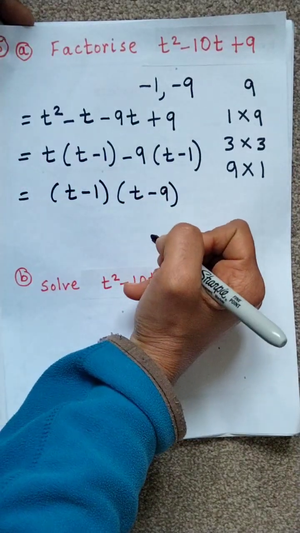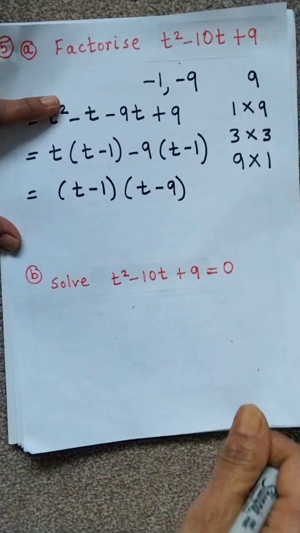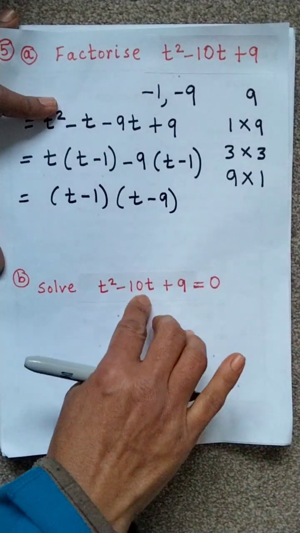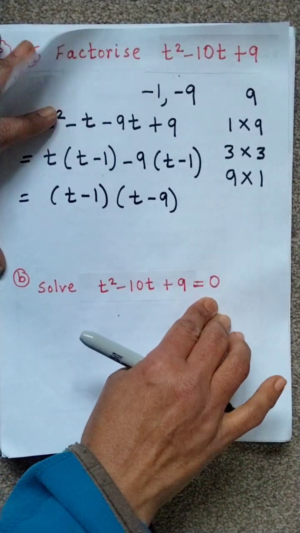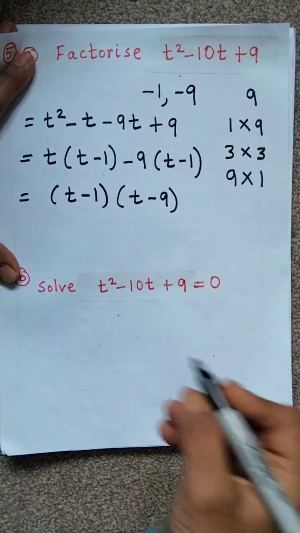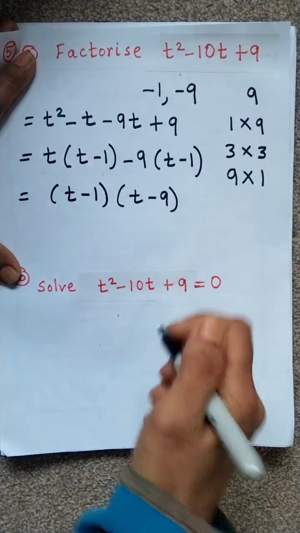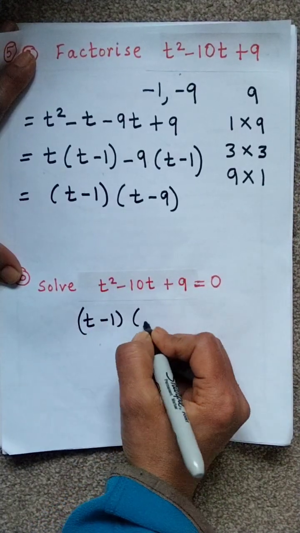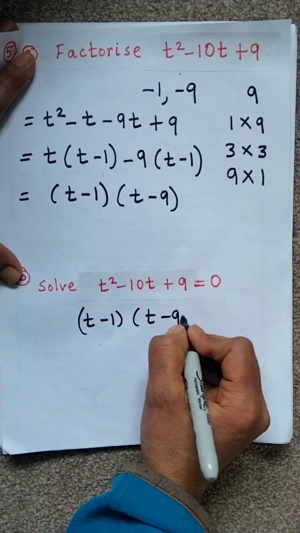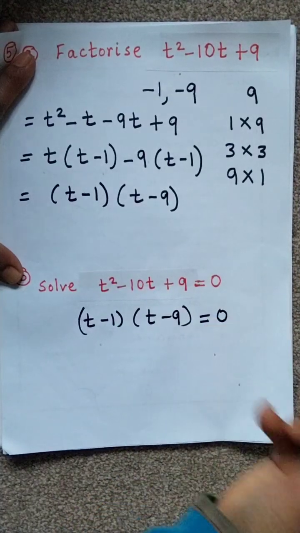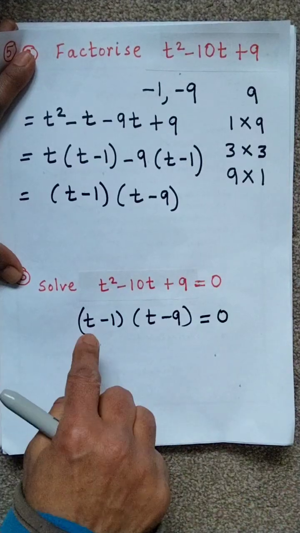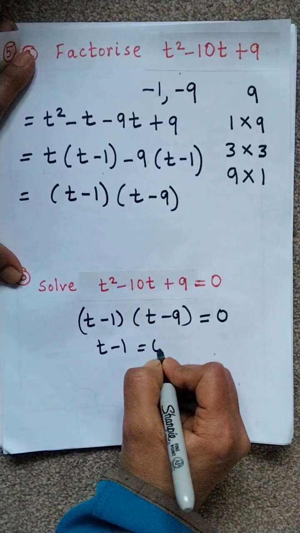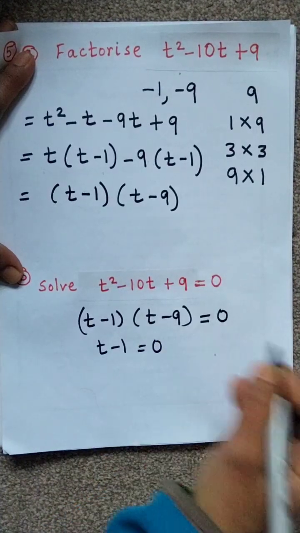is the required answer. Okay, now they have asked again, solve t square minus 10t plus 9 is equal to 0. Okay, now what we do, the same thing we write as t minus 1, t minus 9 is equal to 0. Therefore, t minus 1 equal to 0 or t minus 9 equal to 0.